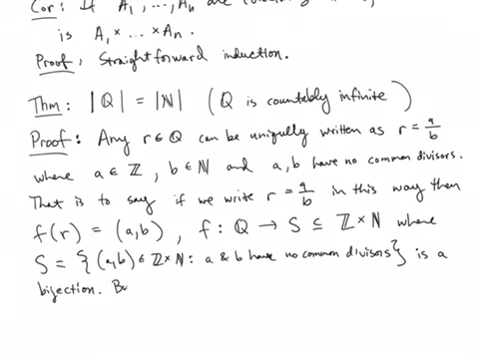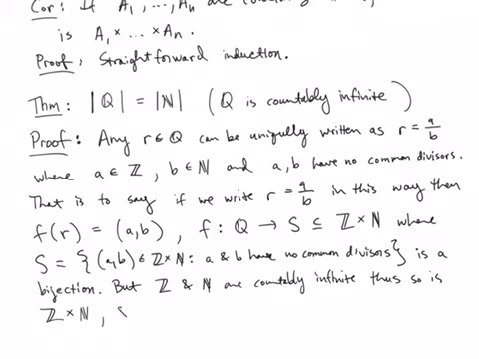But Z and N are countably infinite, thus so is Z cross N, and S is an infinite subset of this countably infinite set.